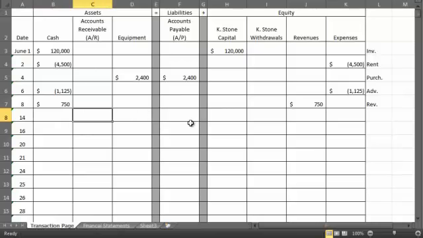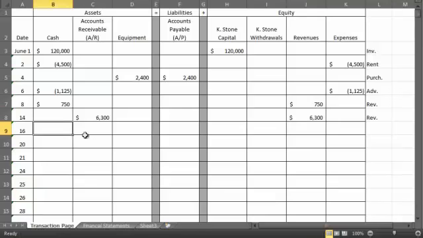So we would put that in our accounts receivable account, and the amount was $6,300. But even though the customer has not paid us, we are using an accrual accounting system, which means we're going to record the revenue even though the customer hasn't paid us yet.